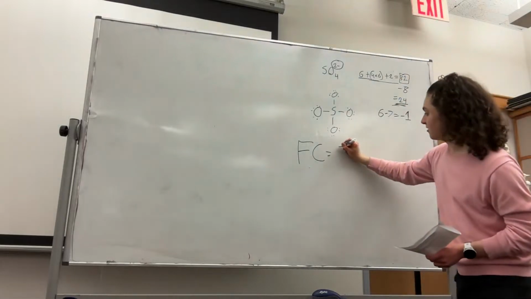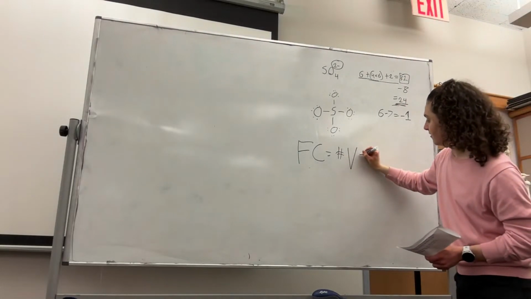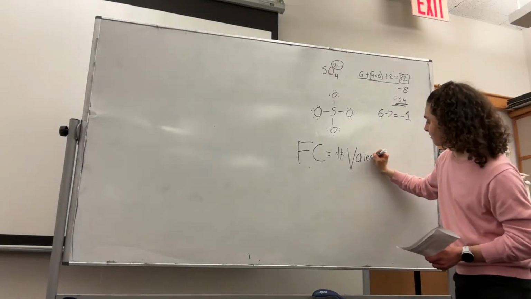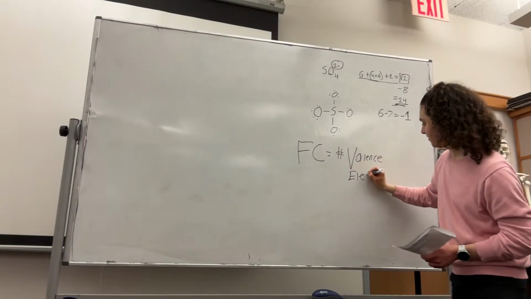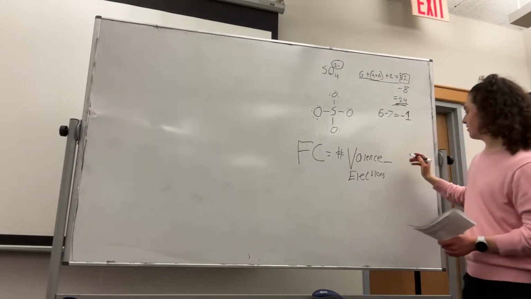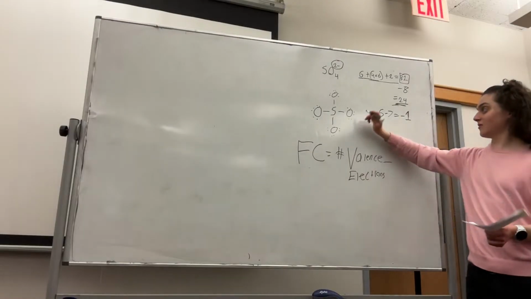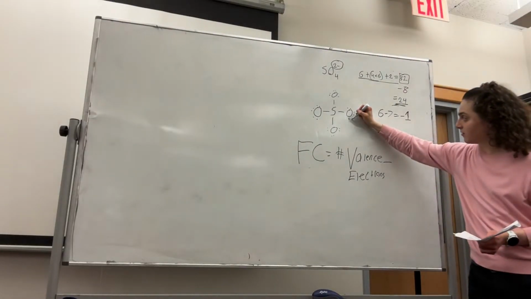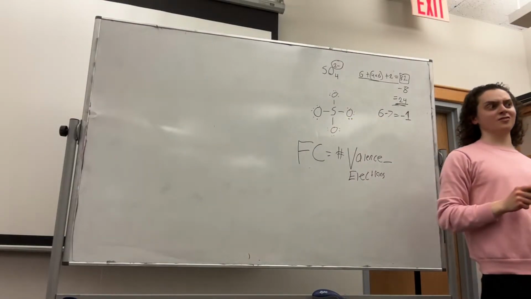You do the number of valence electrons minus the number of electrons that you see as dots. So these guys are right there as dots, so we need to count each one of them individually.